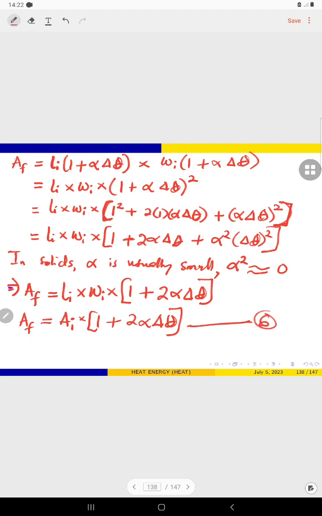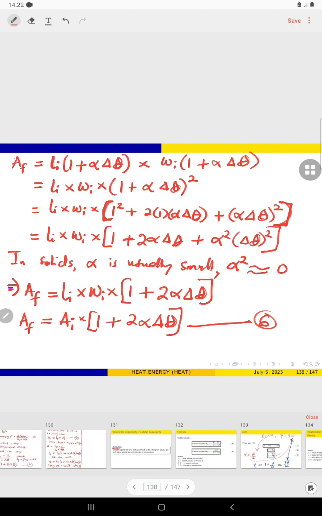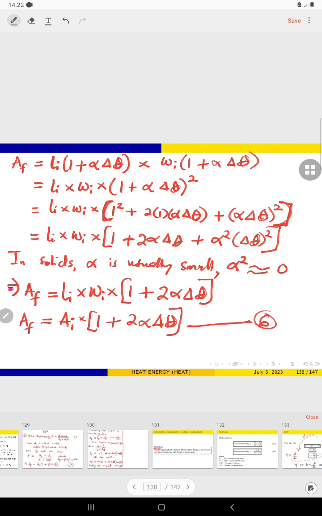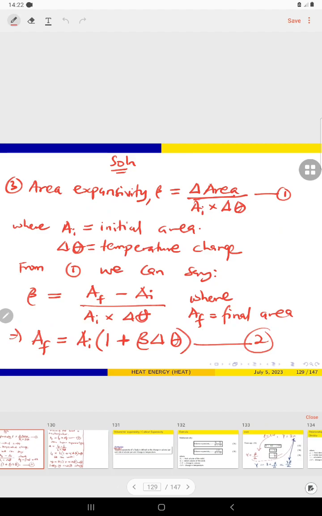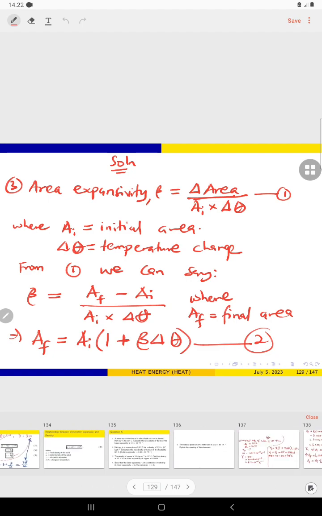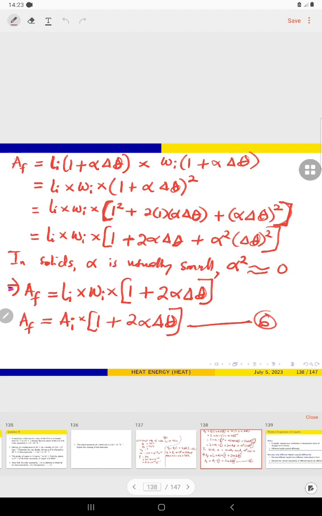Now, look at equation 6 carefully. Equation 6 is expressed in terms of AF. Now, let's check equation 2. Compare equation 2 and equation 6. What can you say about the two? Look at equation 6, right?